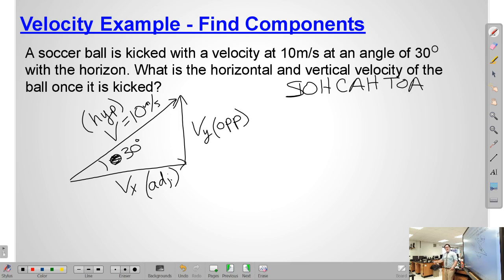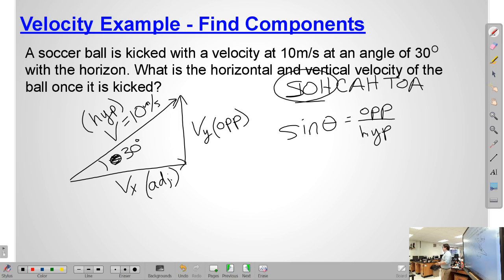Noticing which part of the triangle we have helps us out a whole lot. If we're looking for the y component, and we have your velocity overall, it means we have opposite and hypotenuse. Which of these three has opposite and hypotenuse in it? That's sine. So sine of theta equals opposite over hypotenuse.